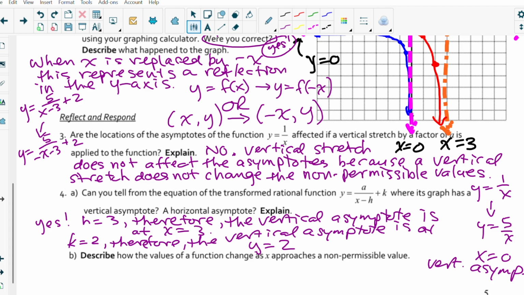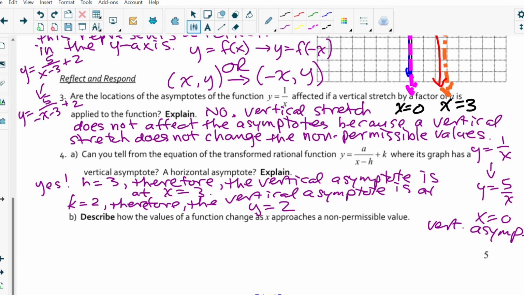And that makes sense because the vertical asymptote has x values, x equals 3. Notice that the vertical translation parameter, k, the vertical translation affects the horizontal asymptote because we're talking about y values, moves it up and down. So that should make sense.